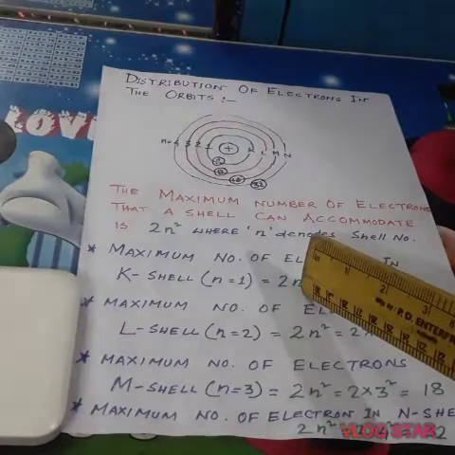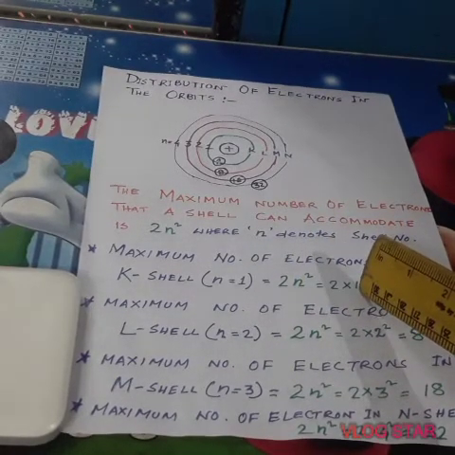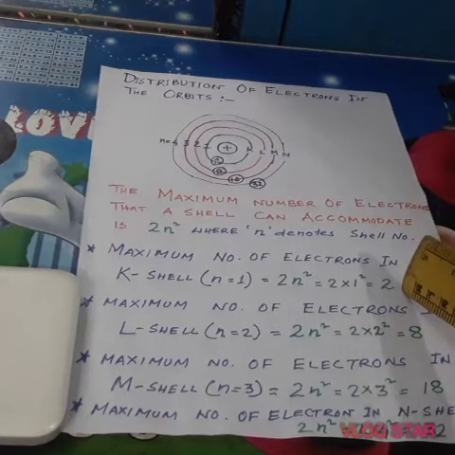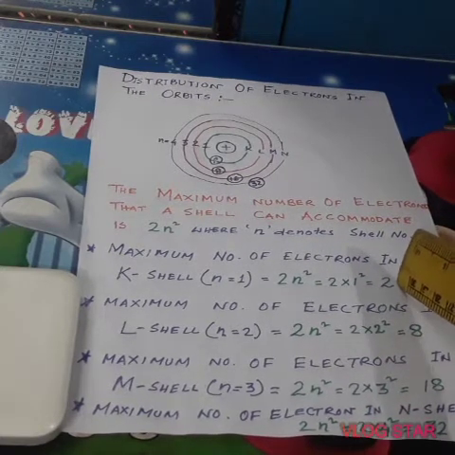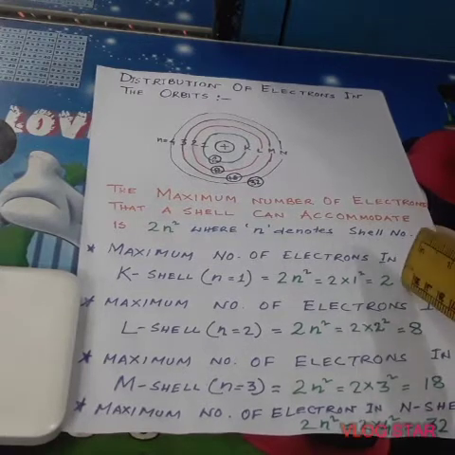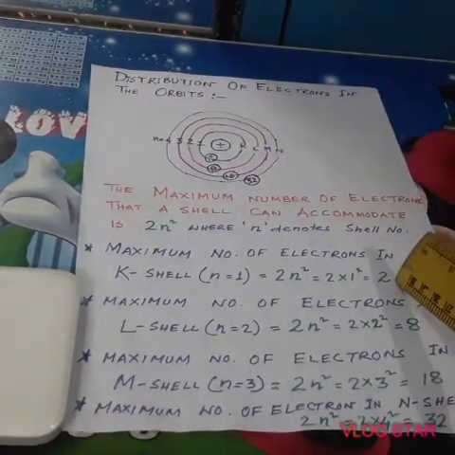We put 1 in place of n: 2 into 1 square equals 2. That means the maximum number of electrons that can be held in the K orbit is 2.